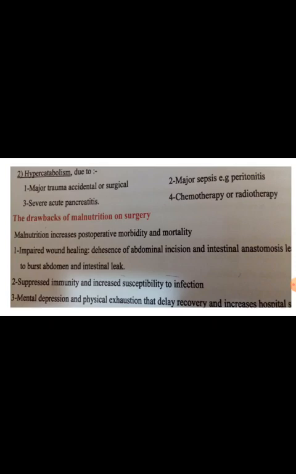Shortening of the small intestine, which is the absorptive power of the GIT, decreasing the absorptive capacity of the small intestine, like in inflammatory bowel diseases or short bowel syndrome, or patients who don't take anything orally. In cases of paralytic ileus, the treatment is restriction of the oral intake, as in some cases of surgical intestinal anastomosis. These are the causes of malnutrition in surgical patients due to starvation.